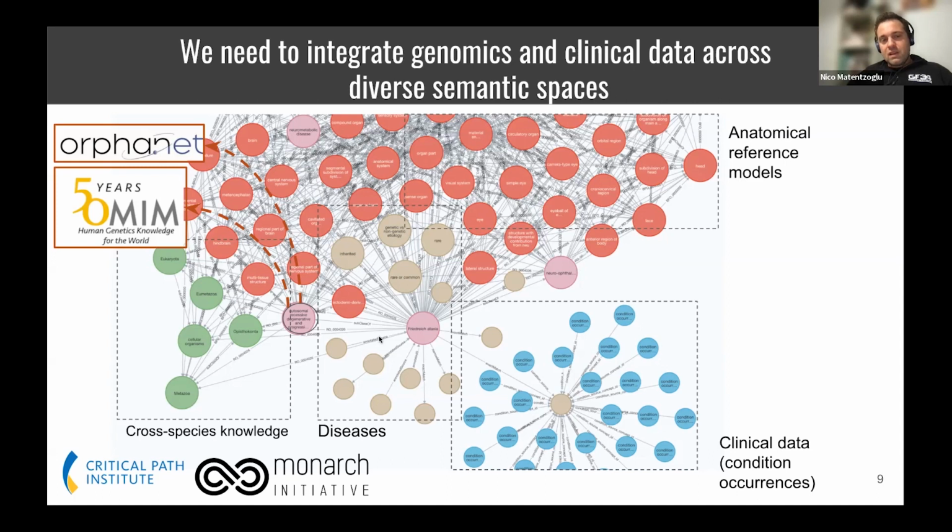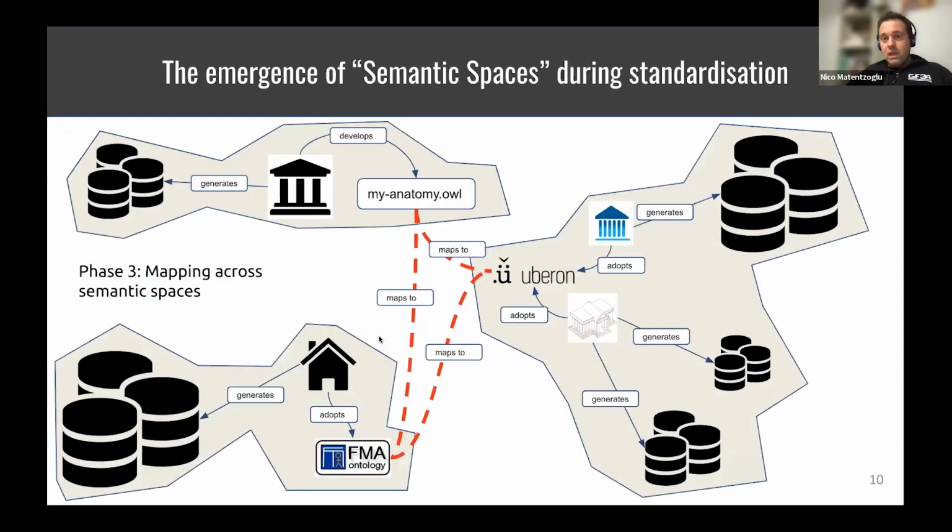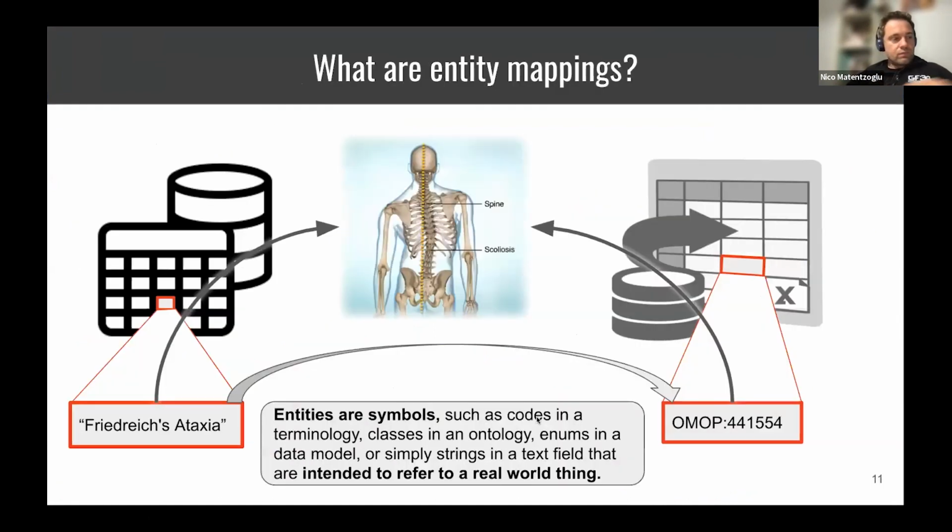And for that, again, you do need very precise mappings. So we are left with this kind of state, different semantic spaces. The semantic web won't happen where everyone is using the same space. So the reality is, in order to shift data across these spaces, we need to be able to map between these standards that are being used for annotation.